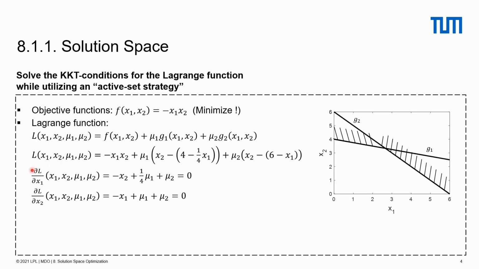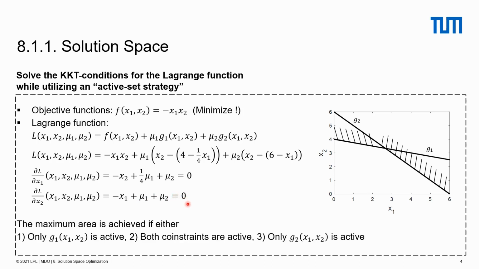The partial derivative of L with respect to x1 is minus x2 plus a quarter times mu1 plus mu2, and it must equal 0. The partial derivative of L with respect to x2 equals minus x1 plus mu1 plus mu2, which must also equal 0.